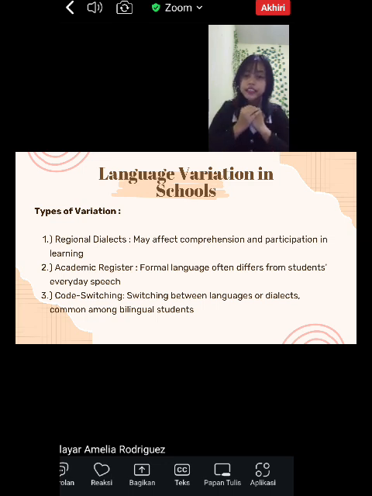Second, the academic register, a formal style. The formal language used in academic settings often differs from our everyday speech.